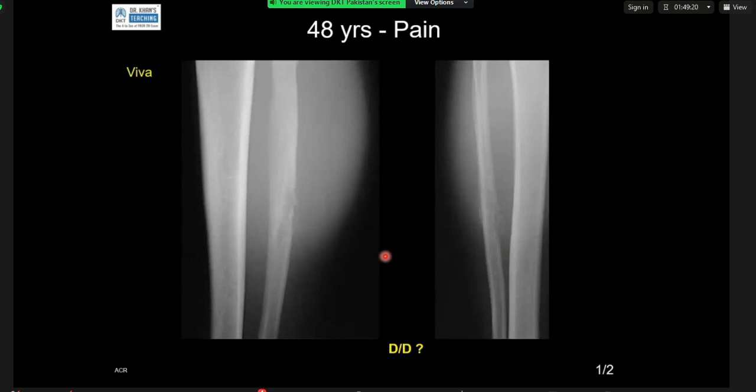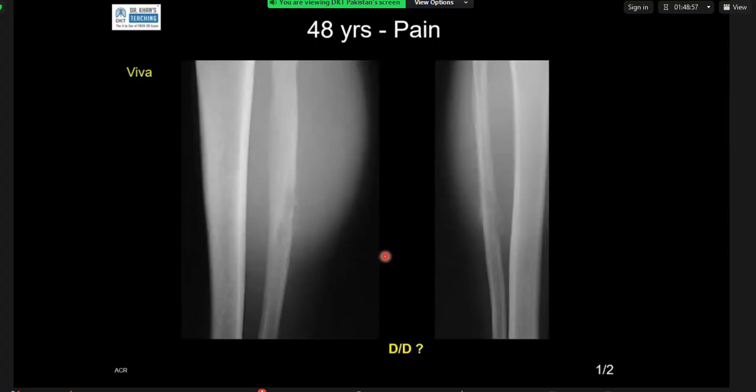I can see solid periosteal reaction in the lateral aspect and some soft tissue extension into the medial interosseous portion.